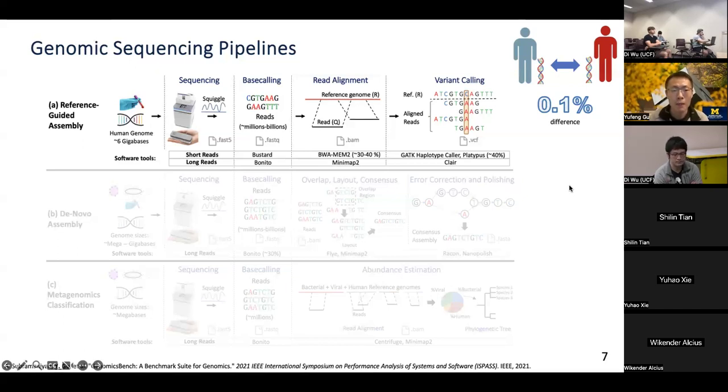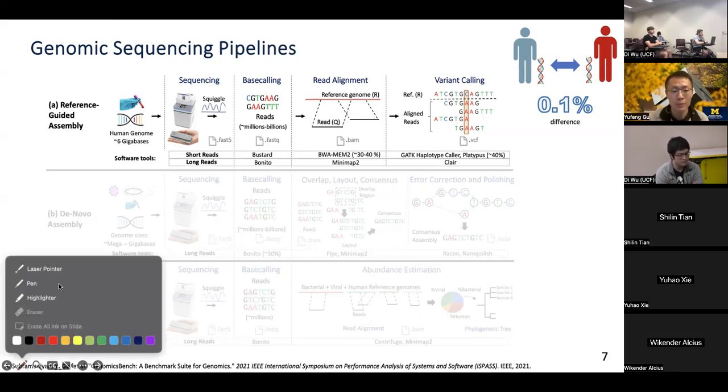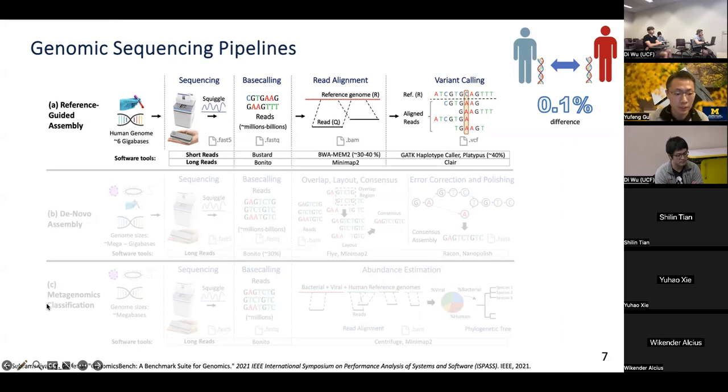The first step is to acquire the DNA sample from some tissues, like the blood or some other tissues. Then from the sequencing machine, we could acquire some electronic signals. Then we use some base calling algorithm. Today, most of them are machine learning based, to convert these electronic signals to ACGT base pairs.